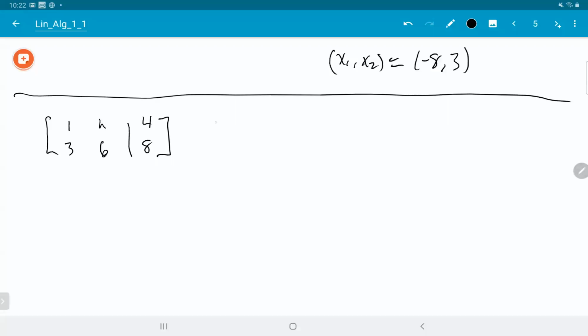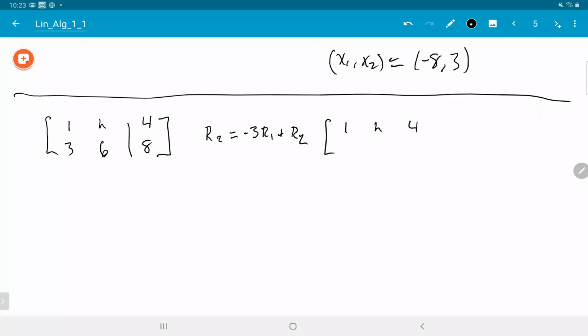So we'll start by taking row 2 is equal to -3 row 1 plus row 2, and that'll give us the matrix 1, h, 4. That doesn't change.